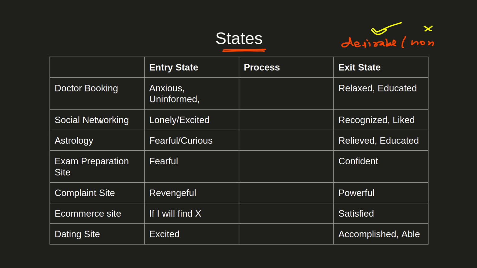Anxious. So in social networking, like Facebook, previously you were either lonely or excited. You were excited that you have done something really good and now want to share it, or something you want to tell people, or, the majority of the time, it is loneliness.